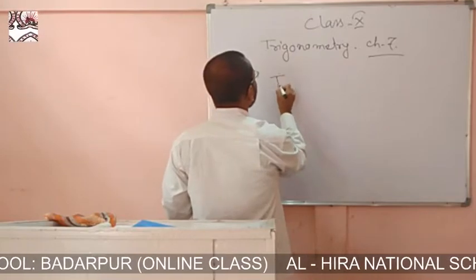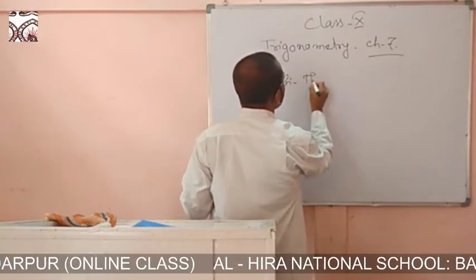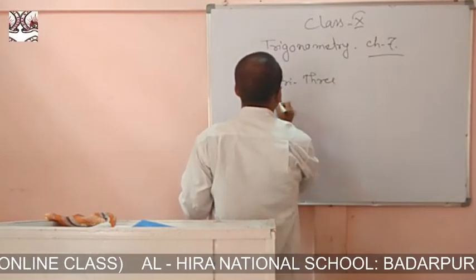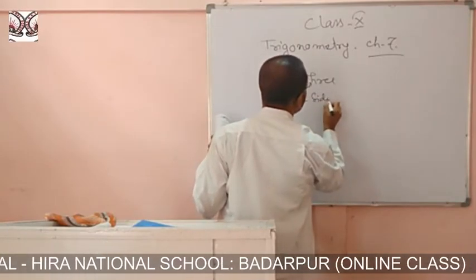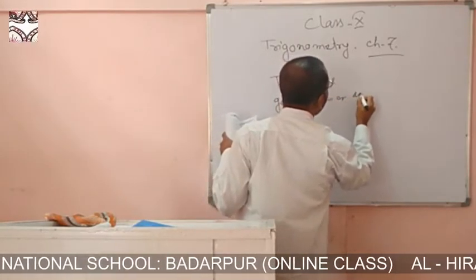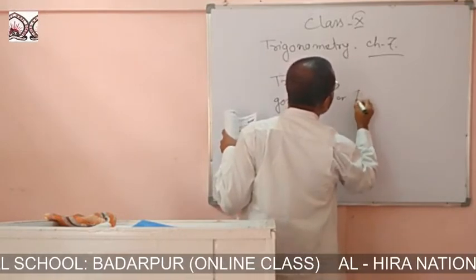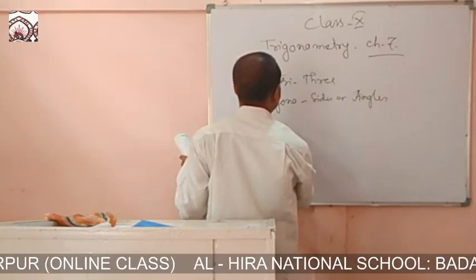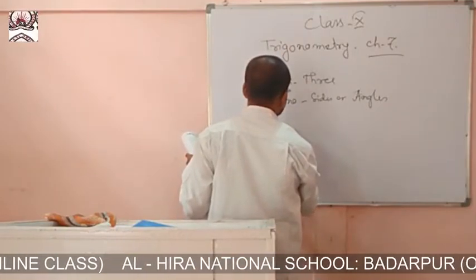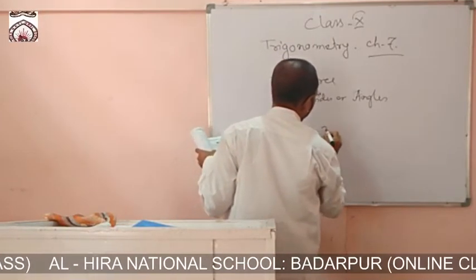Tri means 3, and gono means sides or angles, and metry means measure.